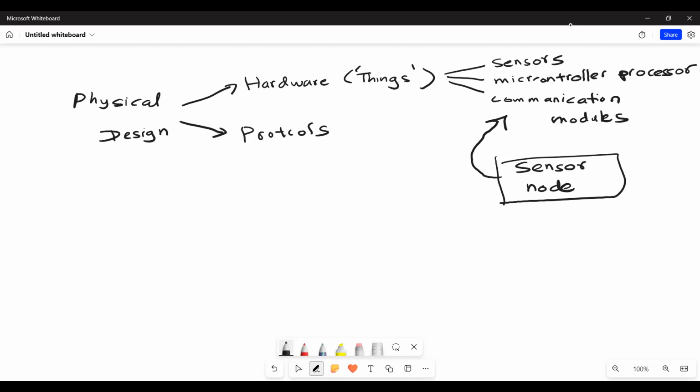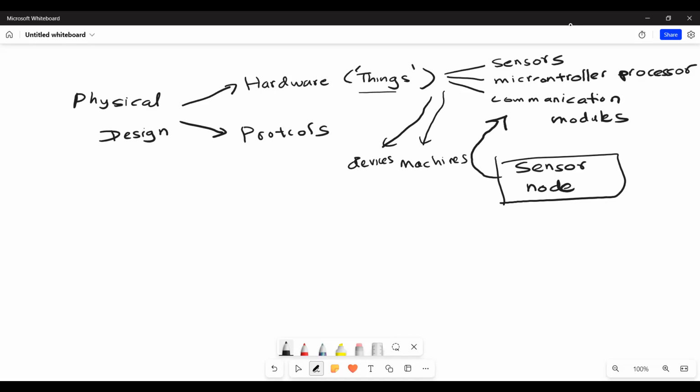Apart from that, we can consider other hardware as well under the word things. So there are other machines, complex or simple machines, other devices, IoT devices that we have. They are also composed of these sensors and processors.